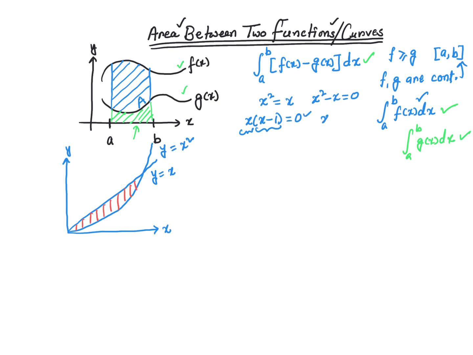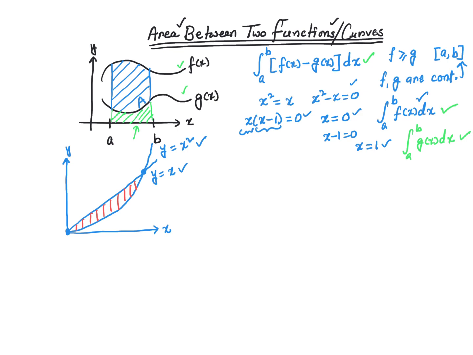We don't know which one, so let's say x equals 0. What if x minus 1 is equal to 0? In that case, x must be equal to 1. So the points where these two functions intersect are at 0 and 1, which you can see right here. This is pretty obvious, but I wanted to show you how to set up the equation and solve it when things are not so obvious.